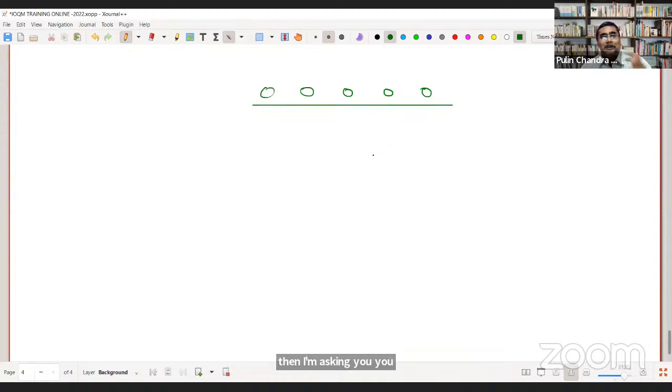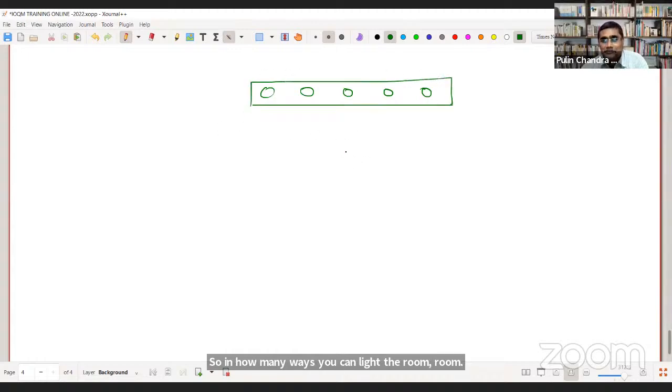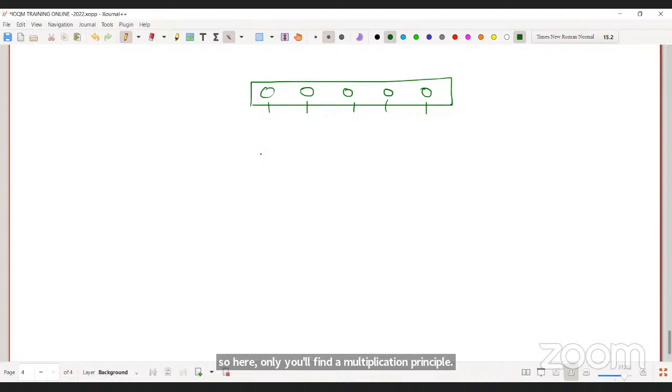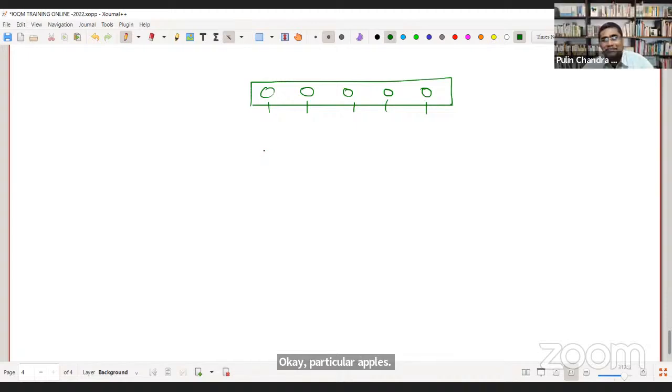So in how many ways you can light the room? 5 bulbs are there. Subsets will also come in this. In how many ways can you do it? So here only you will find the multiplication principle, practical approach. 5 factorial.